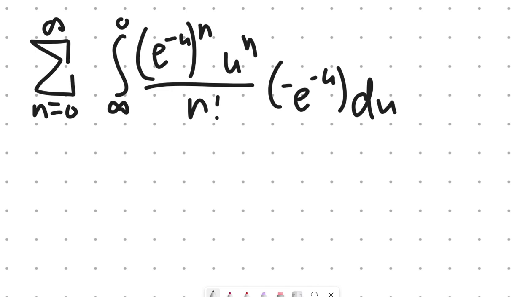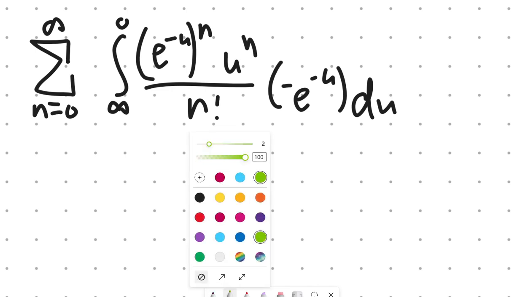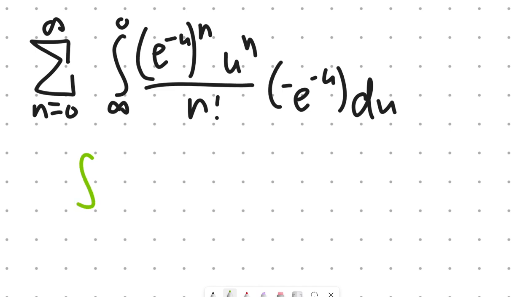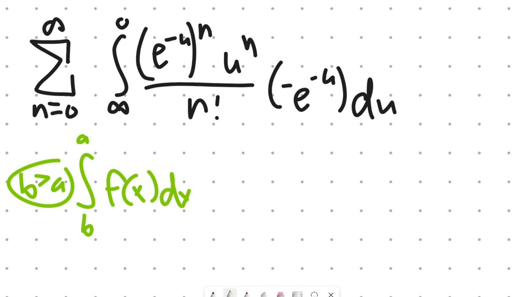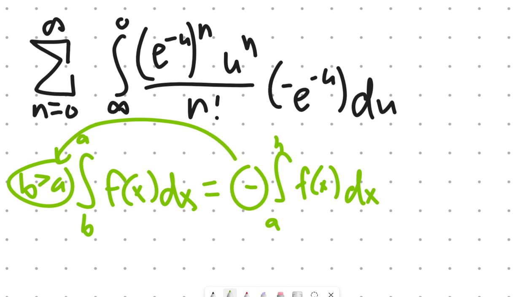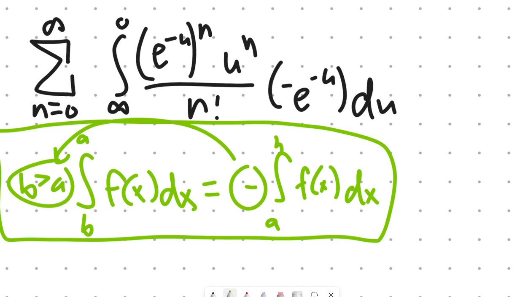Now we know from the fact that if you have the integral from b to a, where b is bigger than a, of f of x dx, it's just going to be the negative of the integral from a to b of f of x dx. Now you can put this negative sign on this side. It doesn't matter what you have in the textbook, but right now we just want to focus on this one.